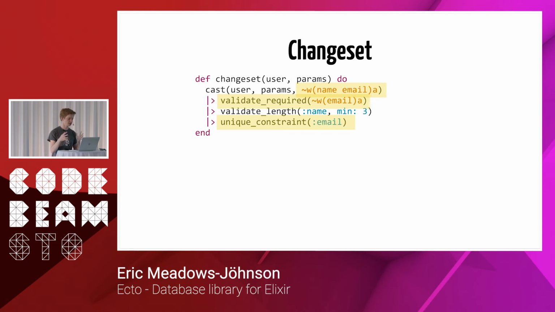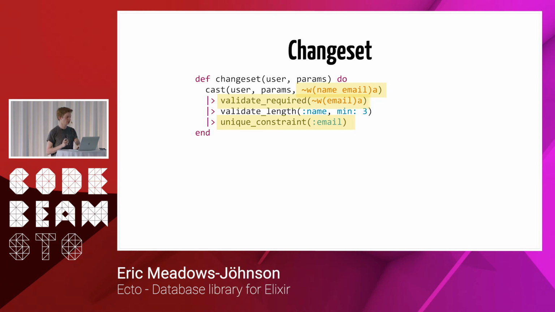And the changeset, as I said, describes how we want to do a change. We start out by having a user. It could be just an existing user schema or a new user that we want to create.